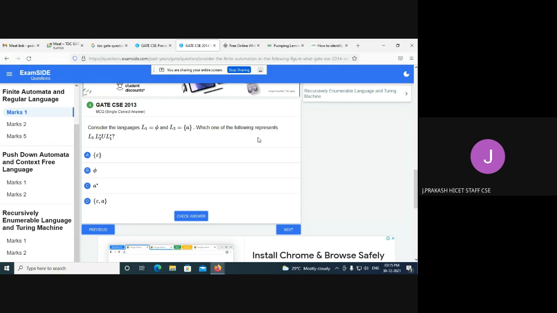D. Let me give a clue: D is not the right answer. Zero into anything is 0. Similarly here phi indicates the same meaning. Yes sir. What will be the answer? B sir. Yeah, that's it.